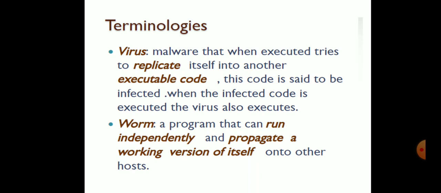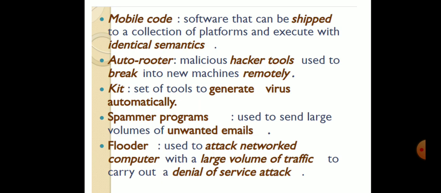Next, worms. A worm is a program that can run independently and propagate a working version of itself onto another host. So another executable code is not needed to execute a worm. Next, mobile code. A mobile code is software that can be shipped to a collection of platforms and executed with identical semantics.